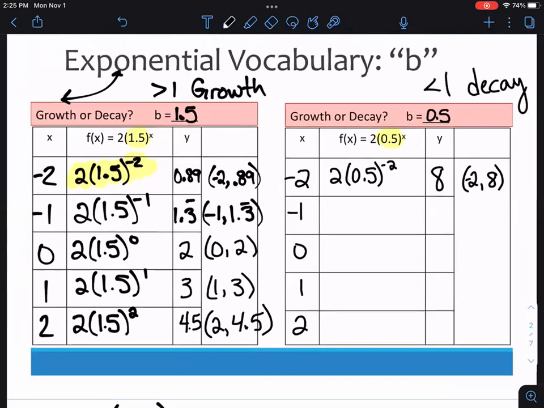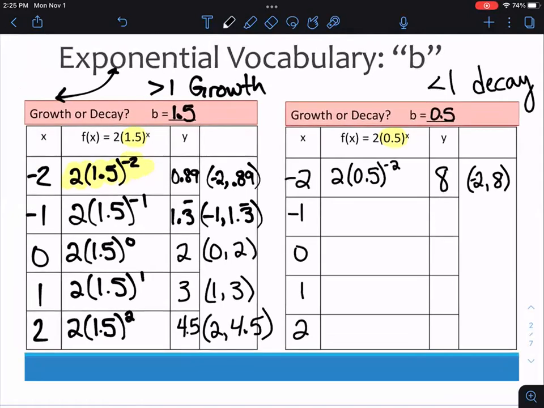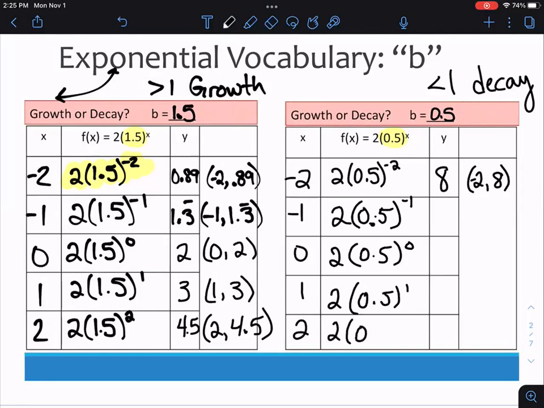Then you're going to repeat that process all the way down the entire table. So you're going to take 2 times 0.5 to the -1st power. Take a moment and find all 4 of these Y values and then go ahead and write your ordered pairs.